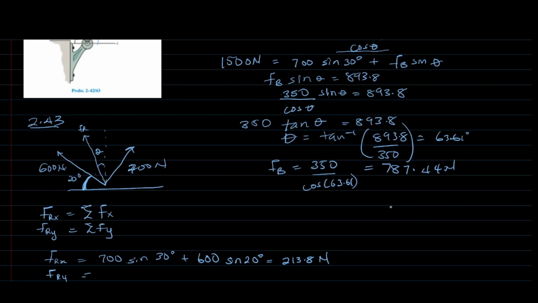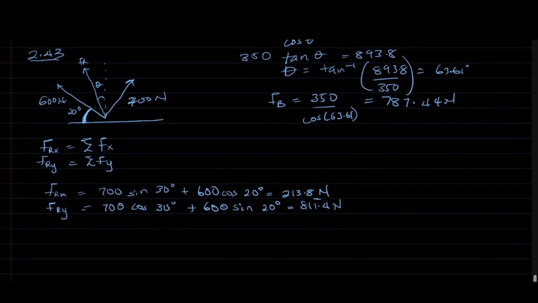FRy is going to be equal to 700 cos 30 degrees plus 600 cos 20 degrees. Sorry, I made a mistake. This supposed to be cos, this is sine. This cos, this is sine, sine 20 degrees, which is going to equal 811.4 newtons. The final answer here is still correct.